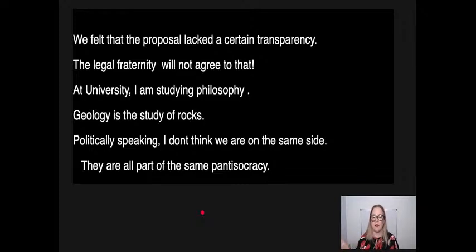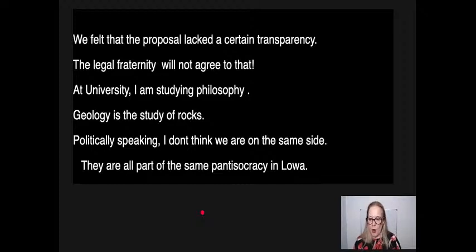So they're all part of the same group, or they're all part of the same pantisocracy in Lower, which could be a town or something like that, or a certain regional area.